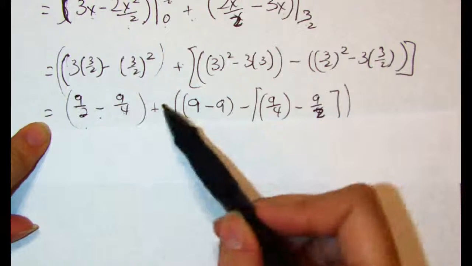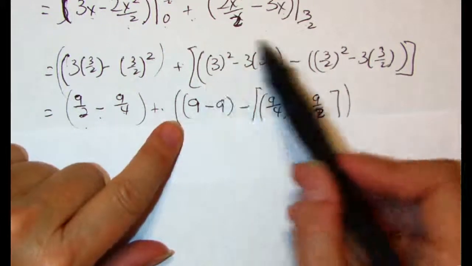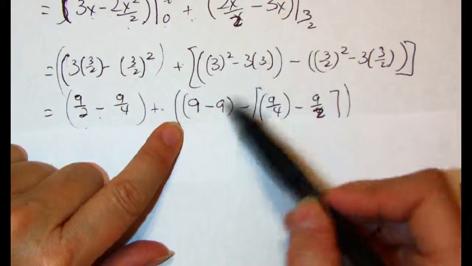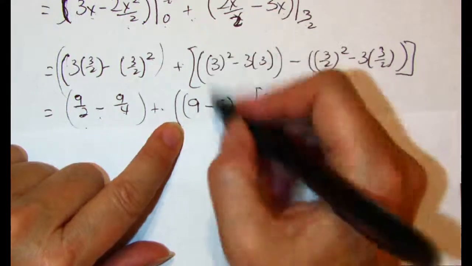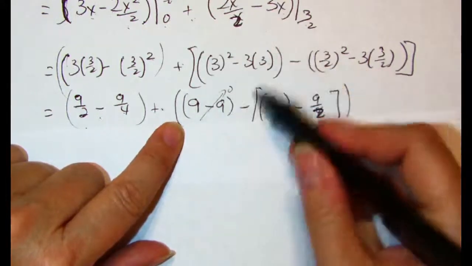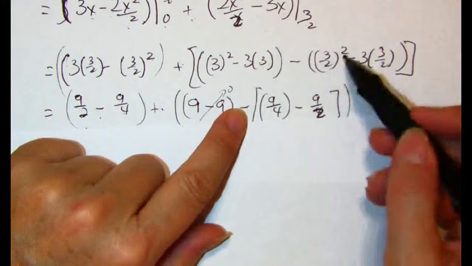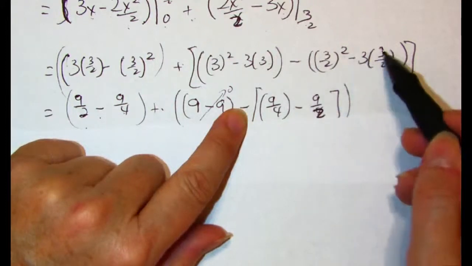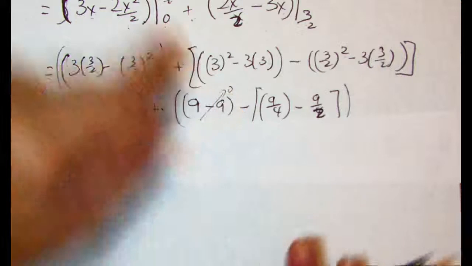Have my parentheses and my plus sign. So I'm going to have a giant parenthesis. 3 squared is 9, minus 3 times 3 is 9. It's going to end up going to 0. Here's this minus sign. 3/2 quantity squared is 9/4, minus 3 times 3 is 9 over 2, 9/2.